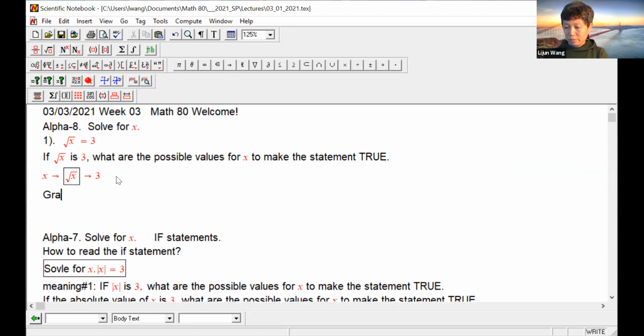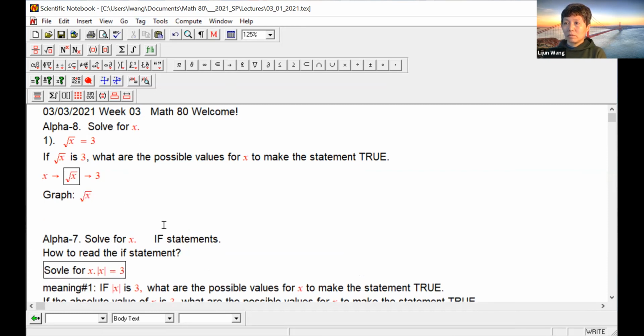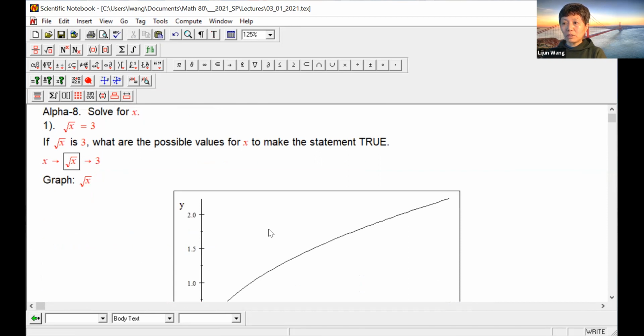What is a graph? With a graph, it comes with a definition, right? What is the graph of root x? Didn't we just do that? What is the graph of root x? Remember the points we plotted?